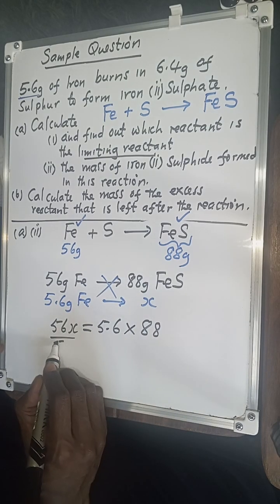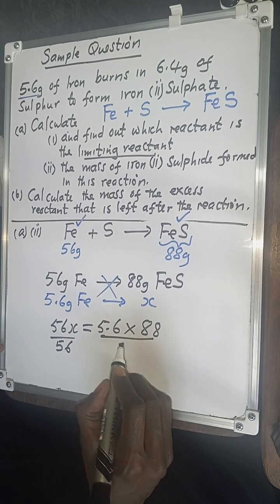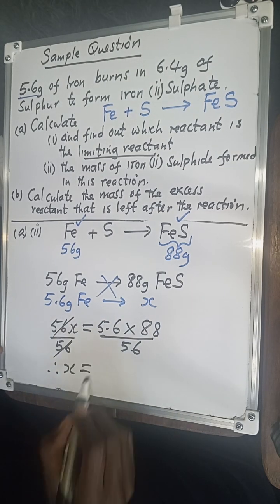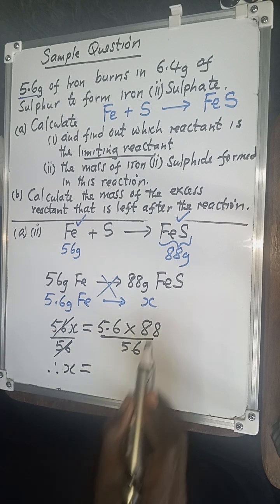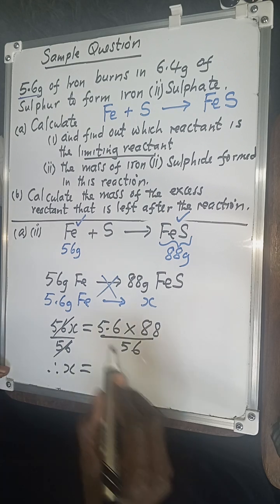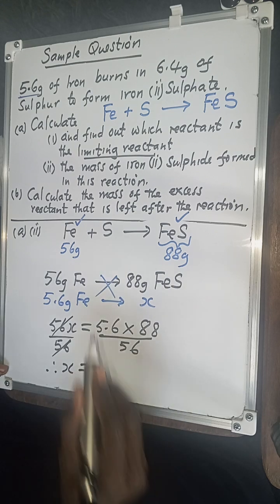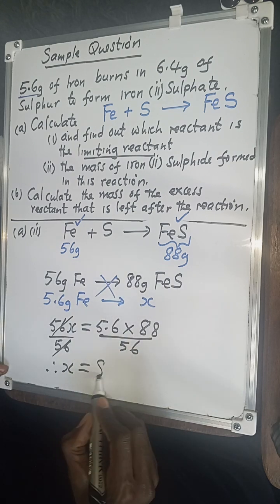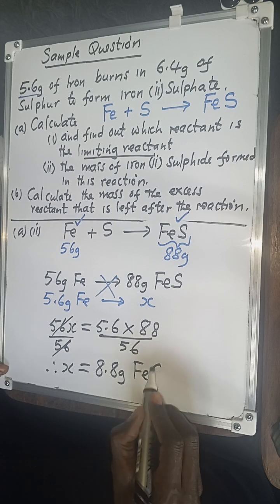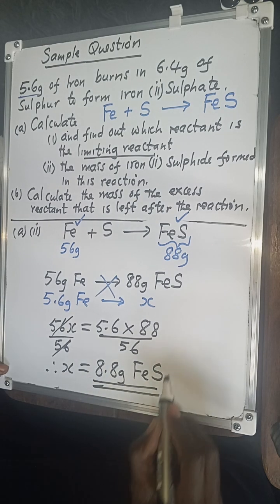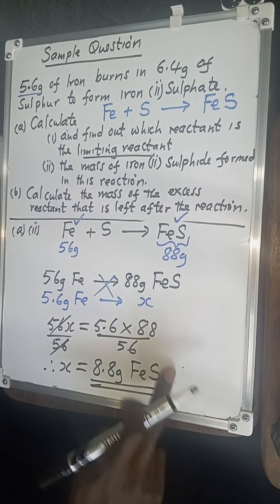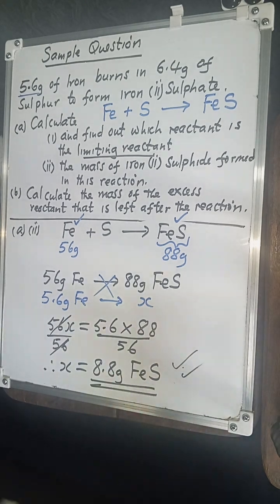To find x, I'll divide by 56. What I do this side, I do the other side. So x will be equal to 5.6 divided by 56, which is 0.1, times 88. That will give me 8.8 grams of iron 2 sulfide. That is the mass they wanted you to get.